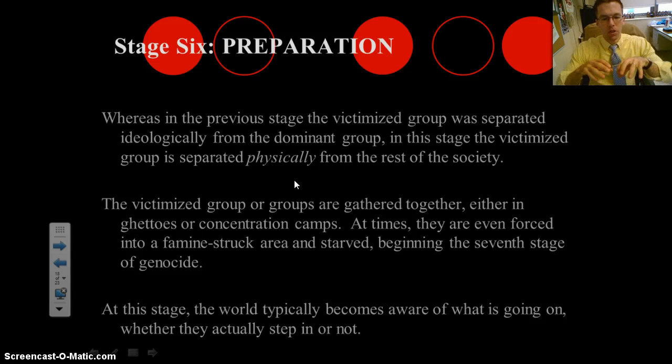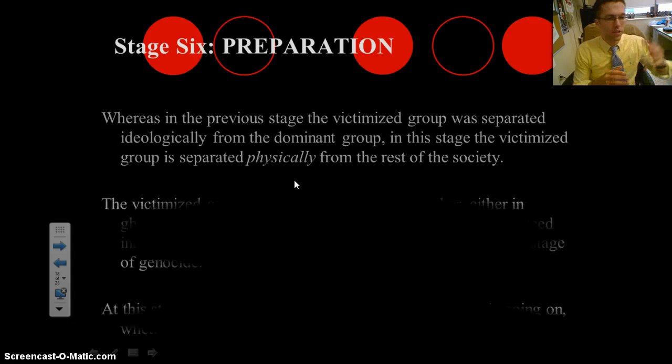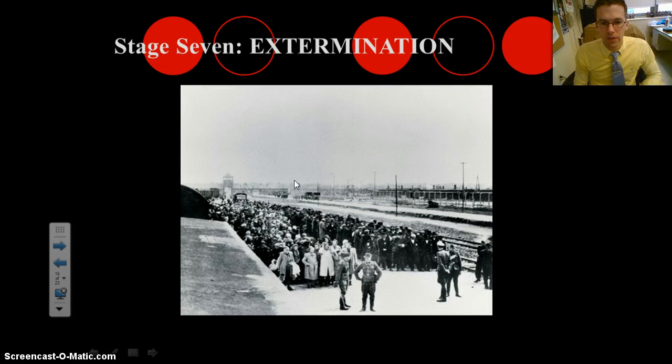Okay, so because we've already polarized society, remember the last step here, polarization. Okay, you're either good or bad in the eyes of the government or the state. Okay, we'll see the ghetto system set up throughout Poland, Eastern Germany, as a way to really separate and get ready for the extermination, which is the 7th step you see here at the selection process.